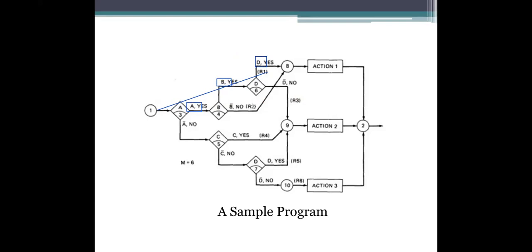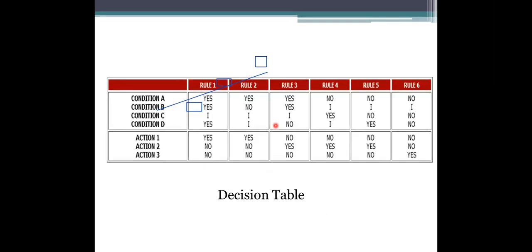So I place the values as yes, yes, yes. What about condition C? Condition C is specified as I. I means immaterial: there is no involvement, or I don't have any information about that. So this representation is not a complete decision table. It is the decision table drawn for that sample program.